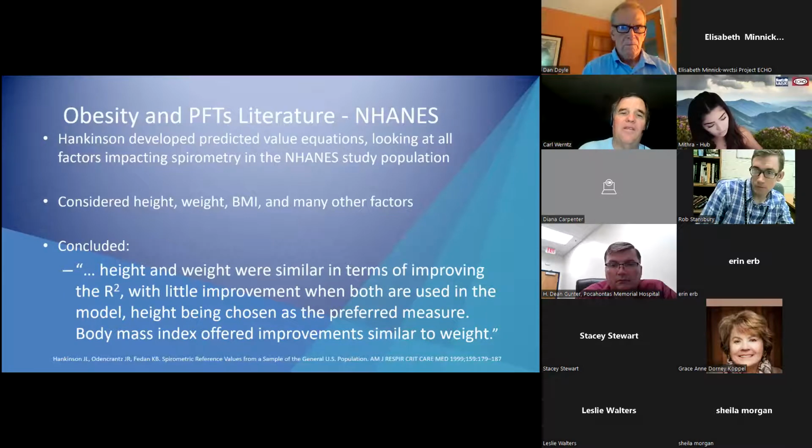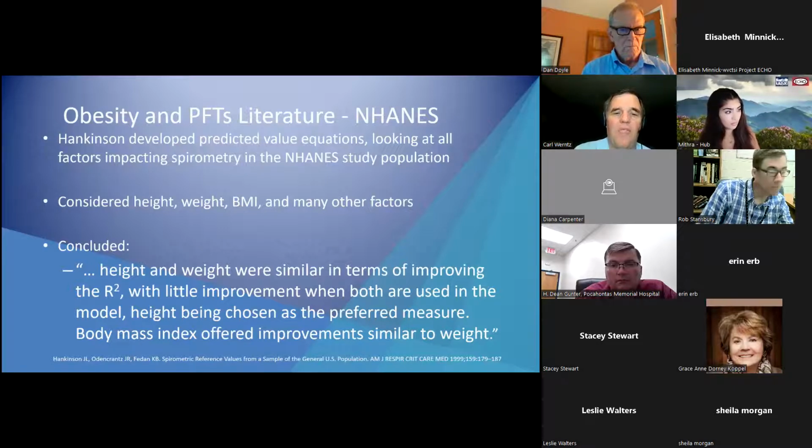Hankinson, who is the developer of what people call variously the Hankinson equations or the NHANES spirometry equations, looked at height, weight, BMI, and a bunch of other things, and he concluded that there was really no improvement. Height and weight were about equal in predicting, and he was looking at total height. BMI didn't seem to help much.